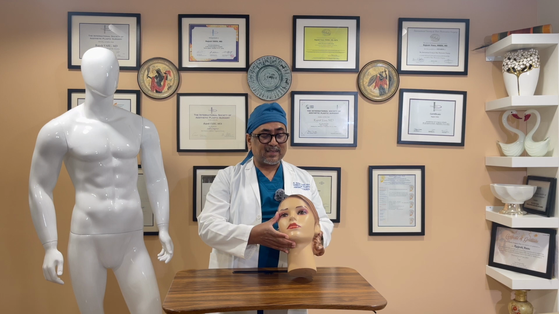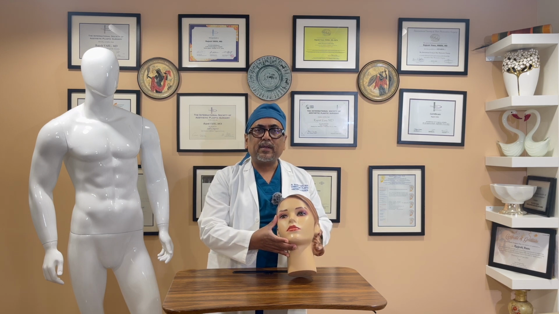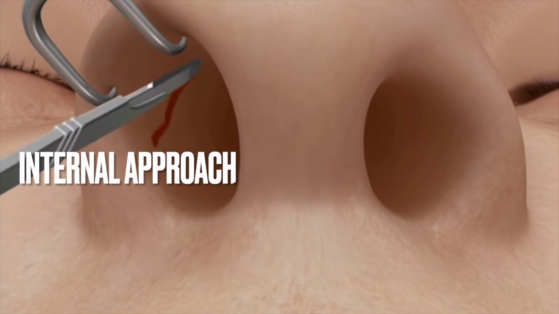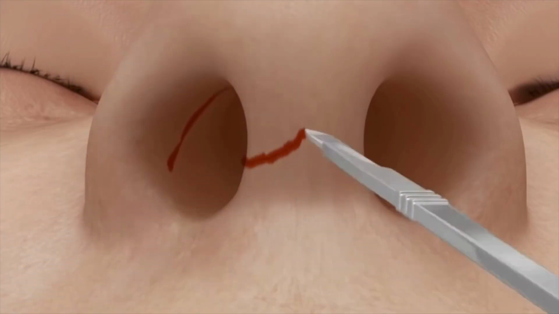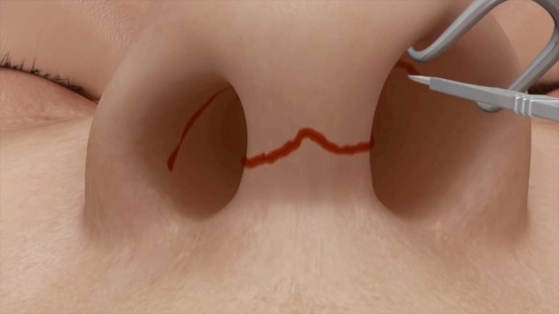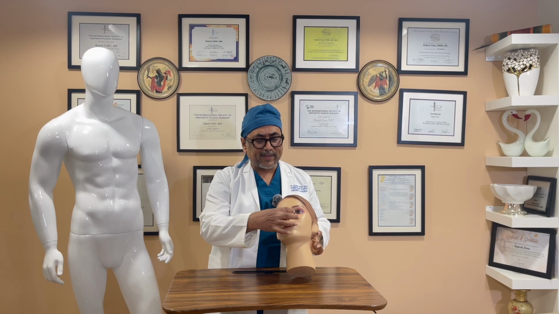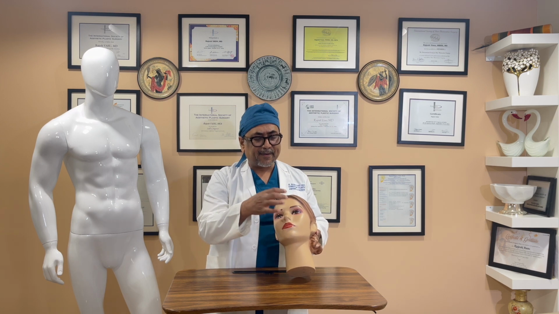But there are some patients who may not want a scar, or who may want to get only minimalistic corrections of the dorsum of the nose. In such a case, you can also use the internal approach, where the incision is made within the nostrils and is not seen from the exterior, and the job is done, whether it is modification of the dorsum or reducing the width of the nose.